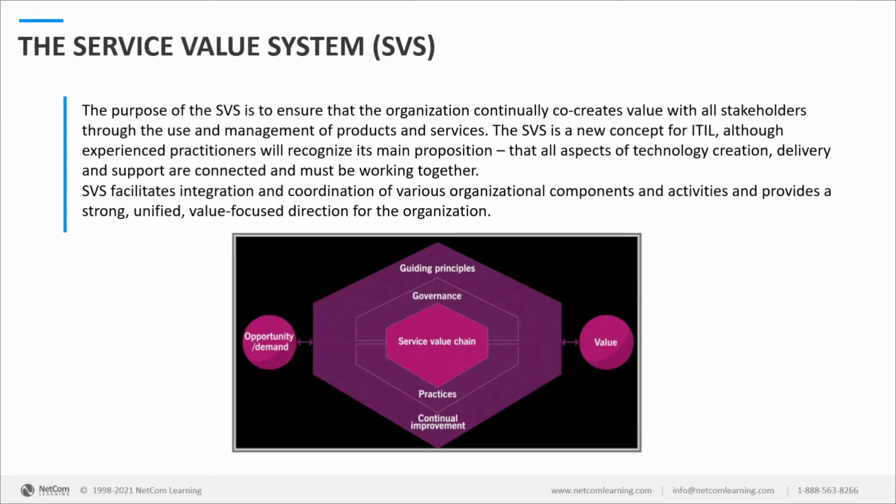Second thing you see here is governance. If we are talking about delivering value, if you're talking about creating value, you need to have established some kind of ground rules, some kind of mechanism through which you can control. So 3 words that should come to your mind every time you hear governance are evaluate, direct, and monitor.